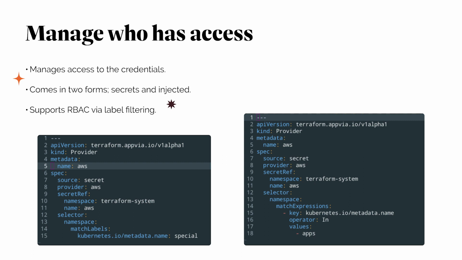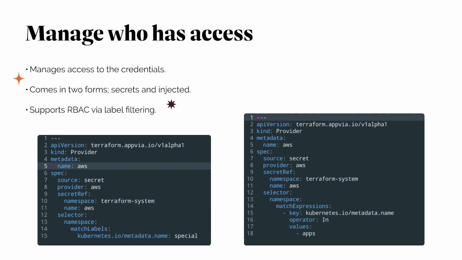The next part is how do you actually filter? How do you actually granularly control who can actually use them? And in Terranetes, and it's a concept which is ubiquitous across all the different resource types, it's a selector, and it's mapped onto the basics of how Kubernetes works. So it's using matched labels. In this case, let's take the left-hand side.